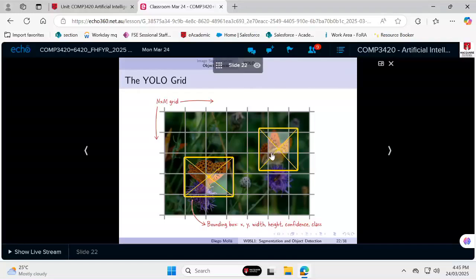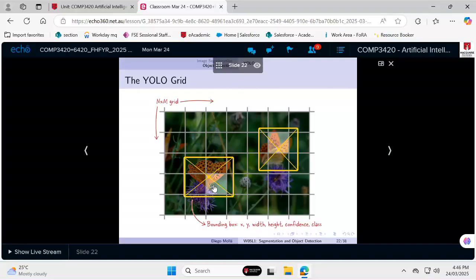As long as the center of the bounding box is in the cell, it will try to detect it. So in this example, it's detecting these 2 bounding boxes, one centered here, one centered here. And for every bounding box it's going to try to detect the size, the horizontal size and the vertical size.